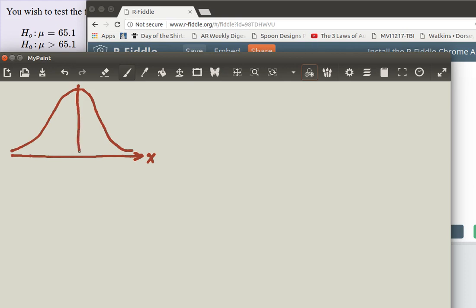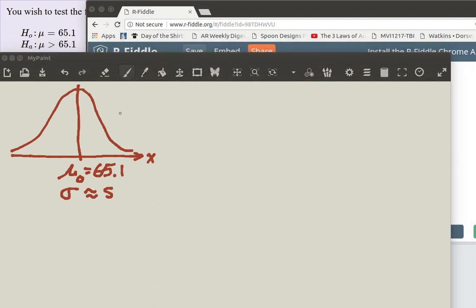The null hypothesis is claiming that mu, I'm going to call it mu 0 for the null hypothesis, is equal to 65.1, that the mean is 65.1. Now in this case we don't know what the standard deviation of this distribution is, so we're going to approximate that standard deviation with the sample standard deviation that we're getting from our sample.